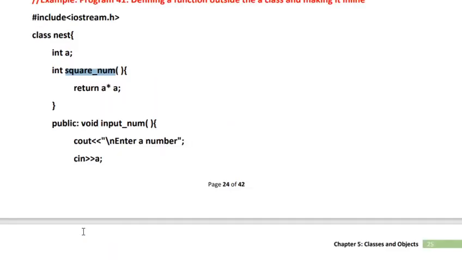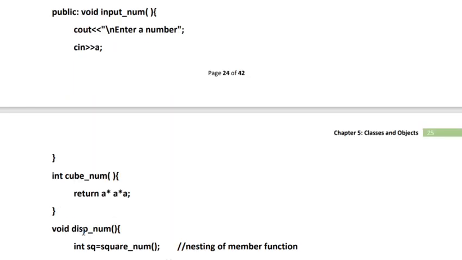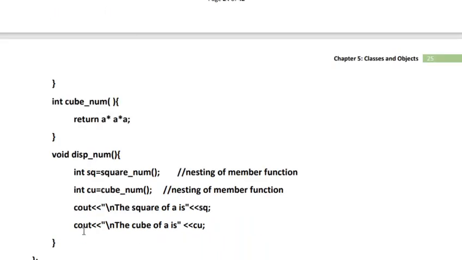So here you see square num is placed in the private section of the class declaration, while input num and cube num are placed in the public section, as well as display num. Display num is a function defined in the public section.